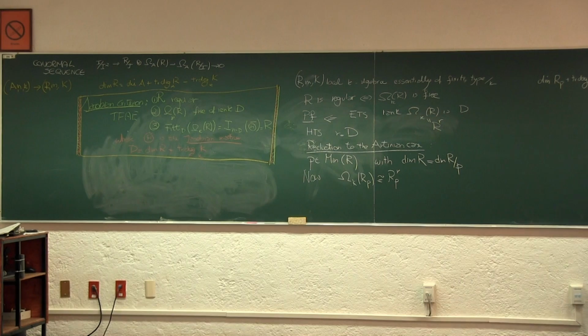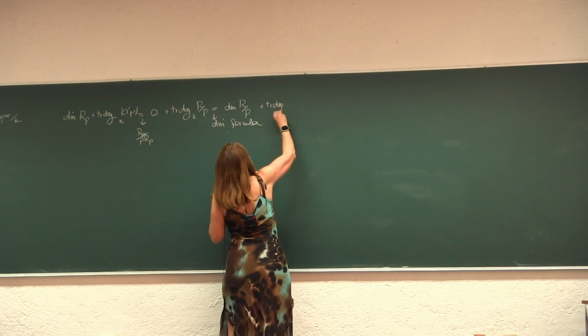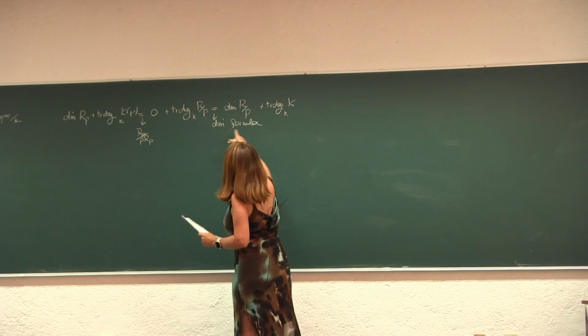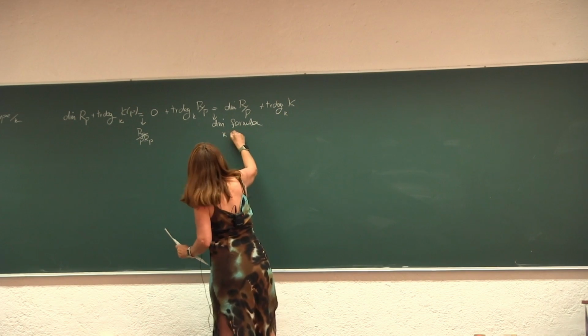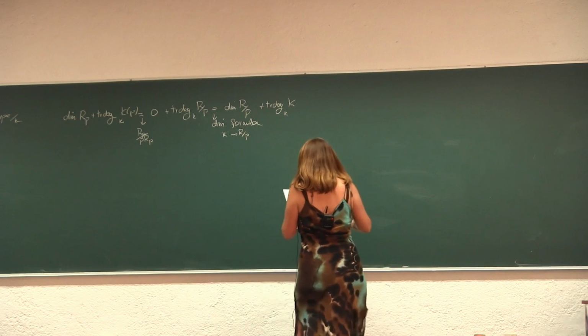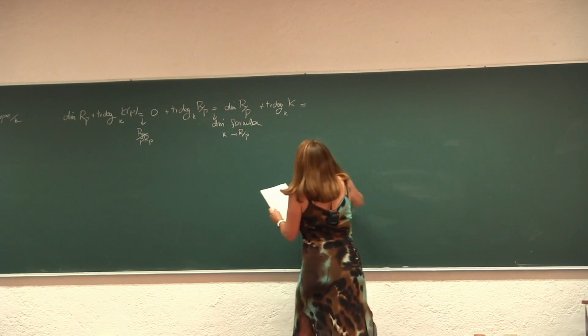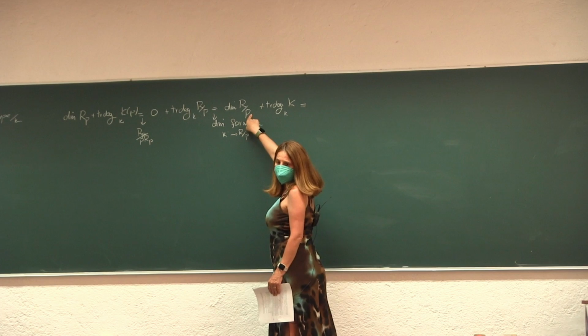So this is equal to this plus the transcendence degree of K over K. So we apply the dimension formula to K and R_P. And then this one is the dimension of R, because this was maximal dimension.